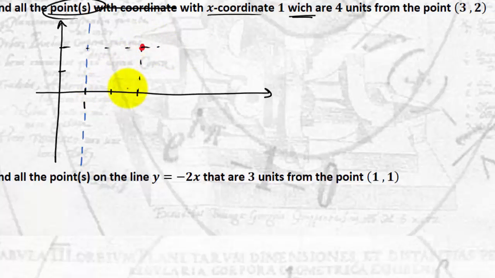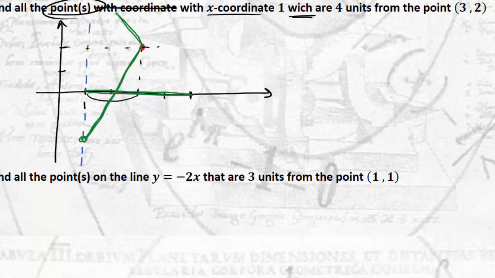I don't have enough room here, but this is 2 units, so 4 units would be like this. I'll place this length here. That's about 4 units, so I will have one point here and another one somewhere up there. So I should find 2 points, okay?